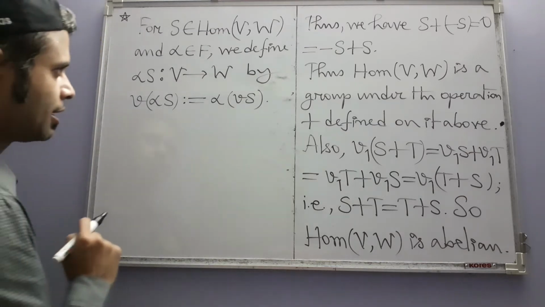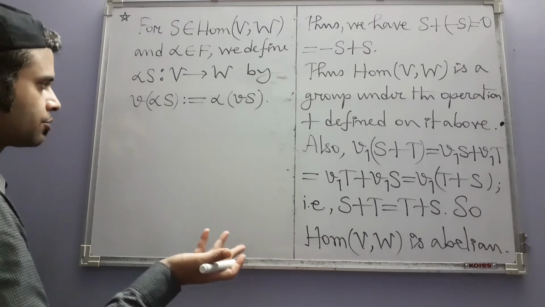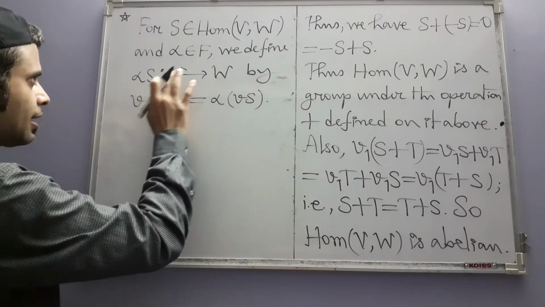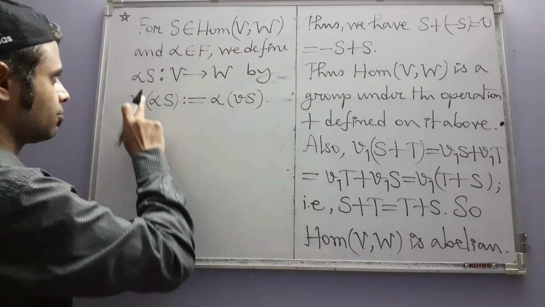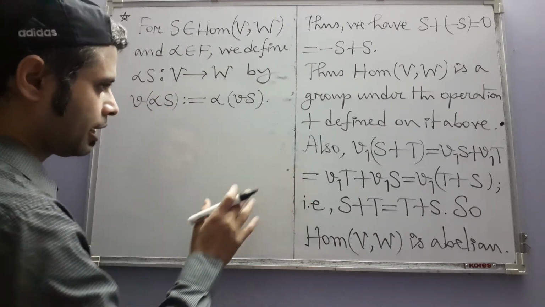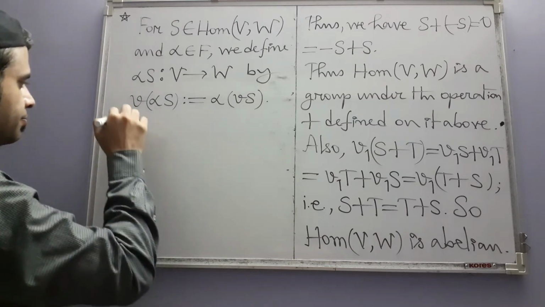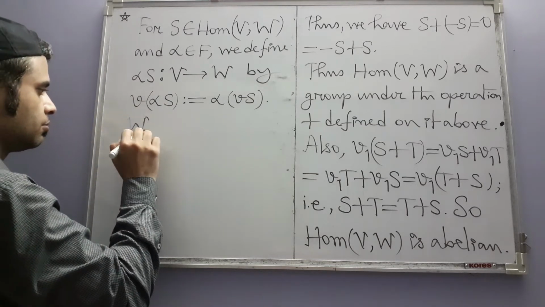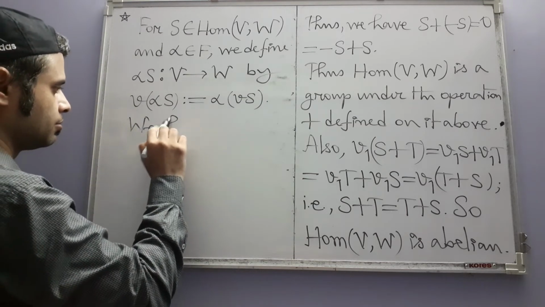Now, what we next of course are going to show is that this alpha S is again a homomorphism here. So alpha S now has to be shown to respect addition and scalar multiplication. So we just start the calculation.